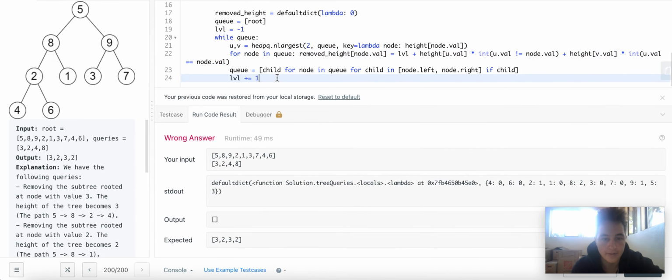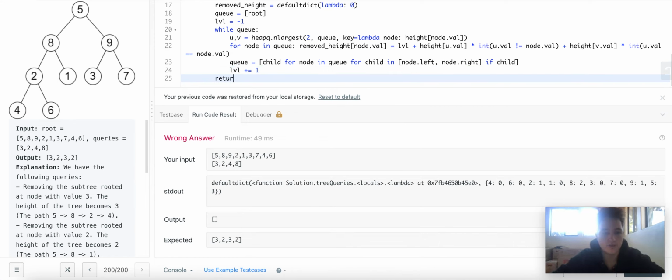Okay, and that's pretty much the solution. So at the end, you just return removed height of query for query in queries. Apparently I can't spell. Queries.